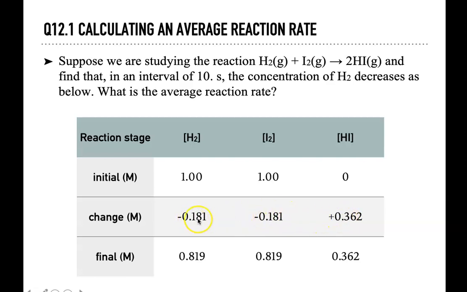So 0.181 decreased and 0.362 moles of hydrogen iodide produced, leading to a molarity increase. So finally, 1 minus 0.181 gives 0.819 molarity of hydrogen and iodine. Initially, we didn't have any product. 10 seconds later, we have 0.362 molarity of hydrogen iodide present.